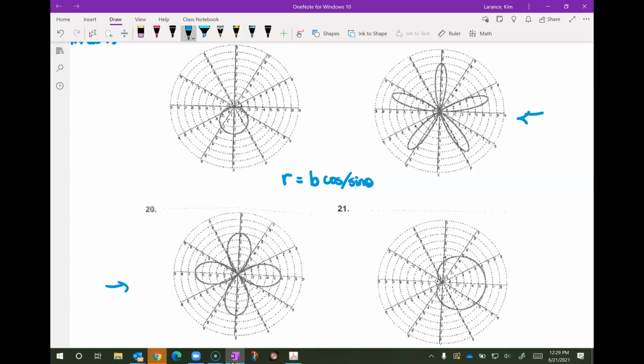If there is a coefficient in front of theta that's even, you get double the amount of petals. If it is odd, you get the same amount of petals. I know that sounds crazy.